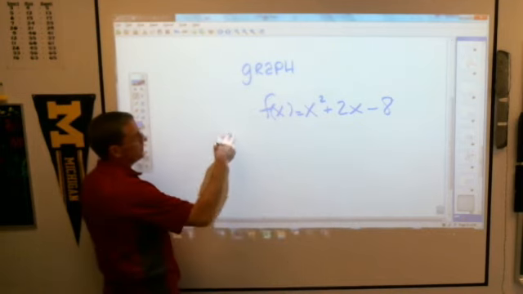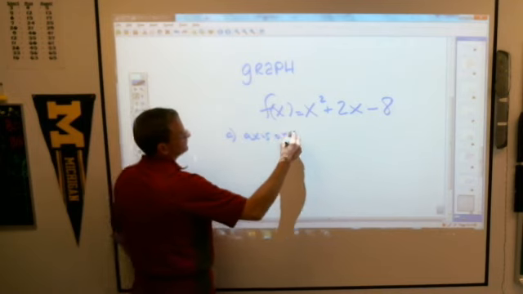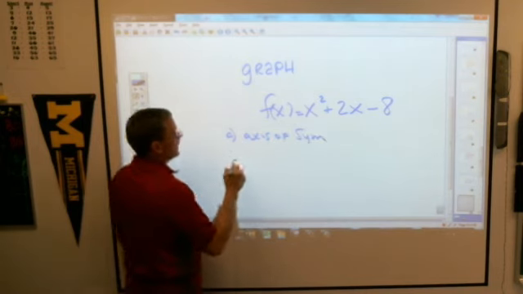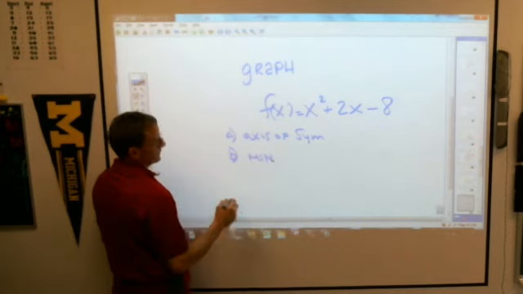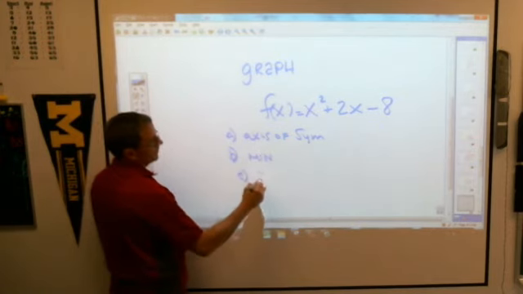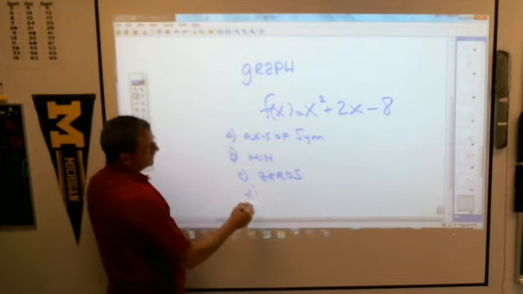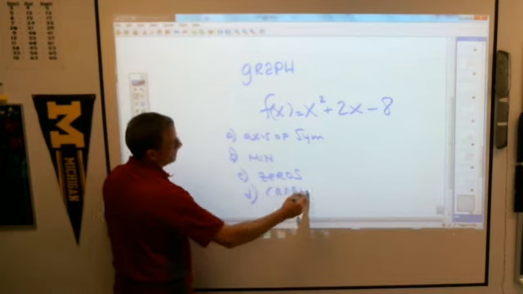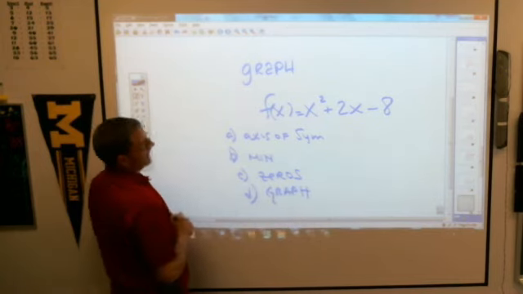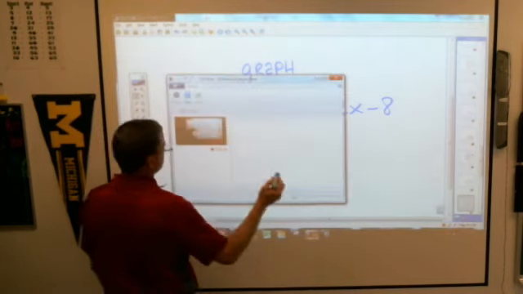And I need to know the axis of symmetry. I need to know the minimum. I need to know the zeros. And I need to know the graph. It's a 4-point problem. Axis of symmetry, minimum, zeros, graph.